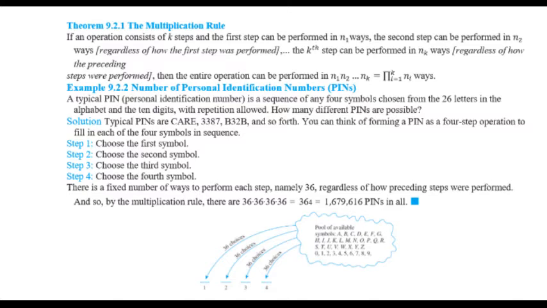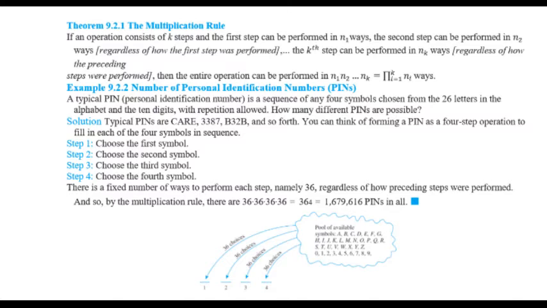Why? Because we can either choose a letter or a digit, right? We have 26 letters and 10 digits, so we have a total of 36 different ways of choosing the first symbol. In a similar way, you can say we have 36 ways to do the second step and third step and fourth step.